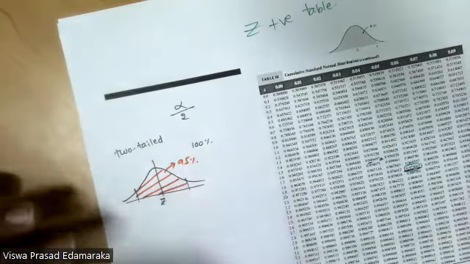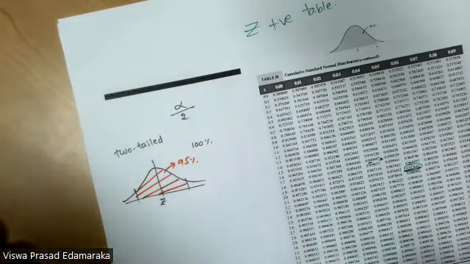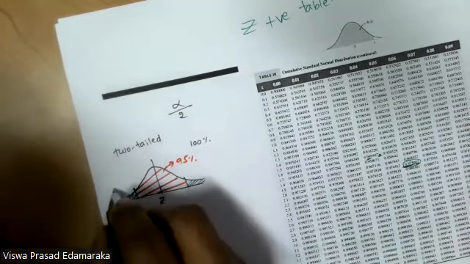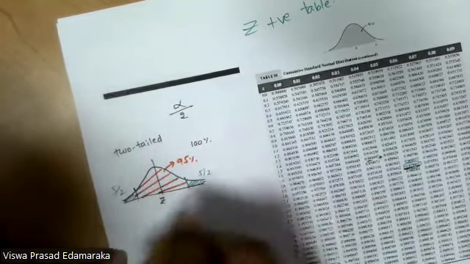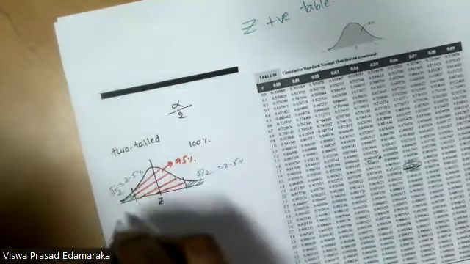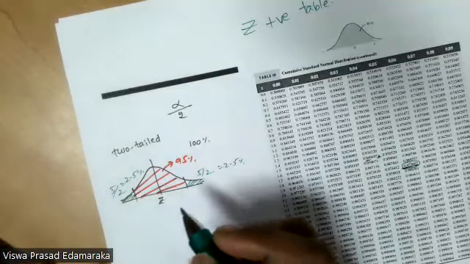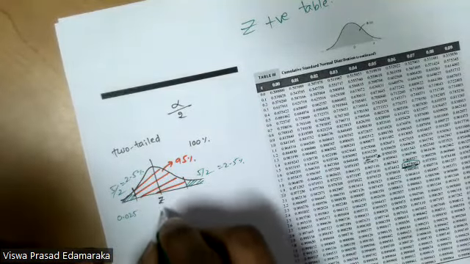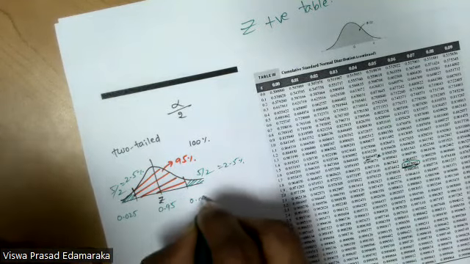The remaining 5% we are dividing into two halves, 5 by 2, 5 by 2. That is 2.5%, 2.5%. When we convert from percentages to decimals, it will come to 0.025, 0.95, 0.025.